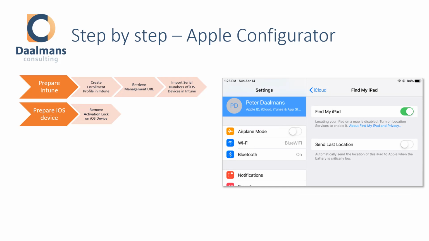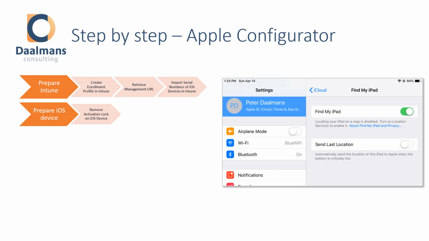So we need to remove the activation lock of the iOS device, because the macOS device with the Apple Configurator will activate the device on our behalf. Since it's corporate owned, we don't want to allow the users to lock the device themselves.